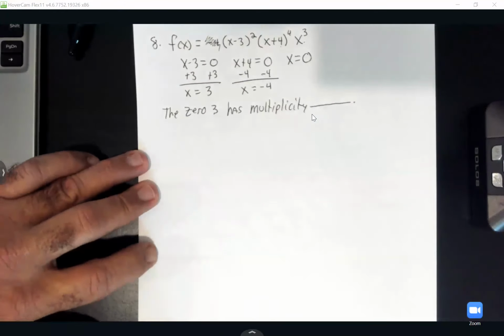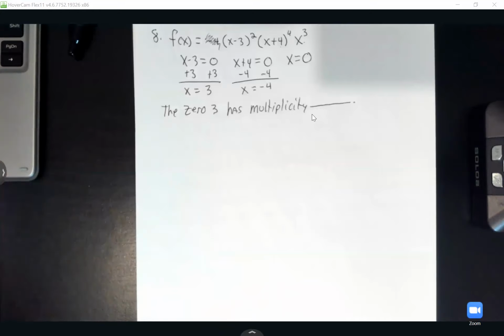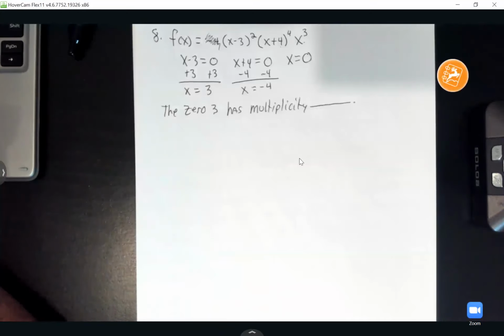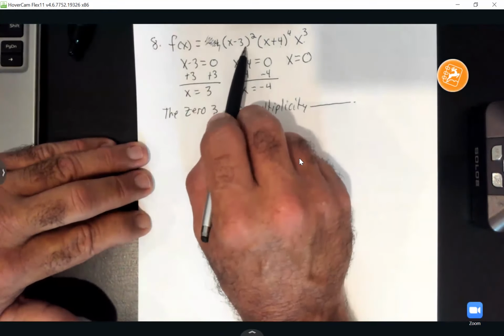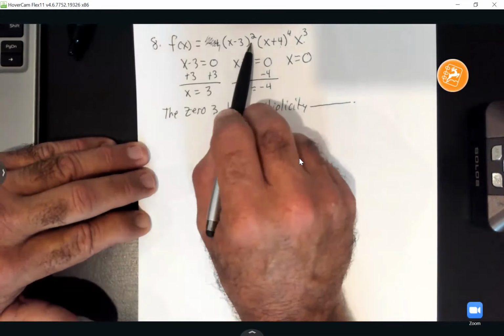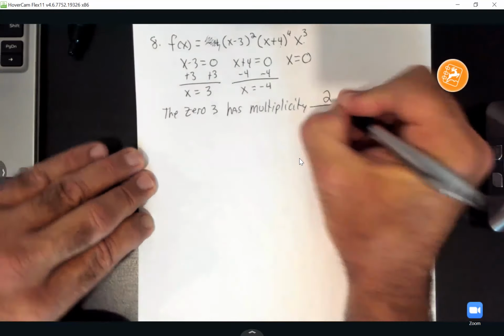Y'all looking at that, your zero 3, what is its multiplicity? 2. Exactly, because the parentheses that gave me the zero of 3 had an exponent of 2, so good job.